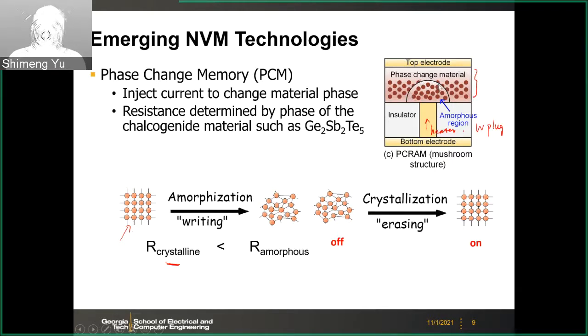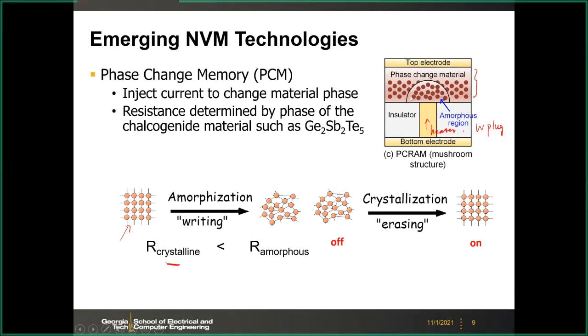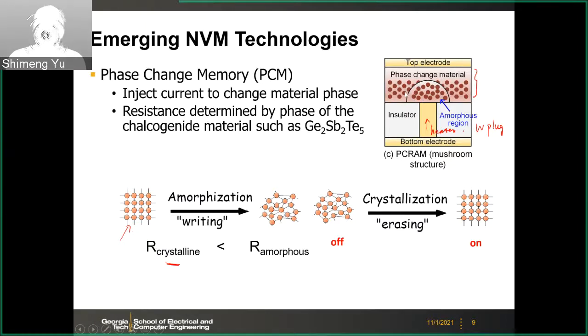So you melt the material, and after melting it's like a liquid. Then you do a quick quench process, so you remove the heat rapidly. The atoms will remain in random locations after you cool down. So the material changes to the amorphous phase, which means the atoms have random locations.